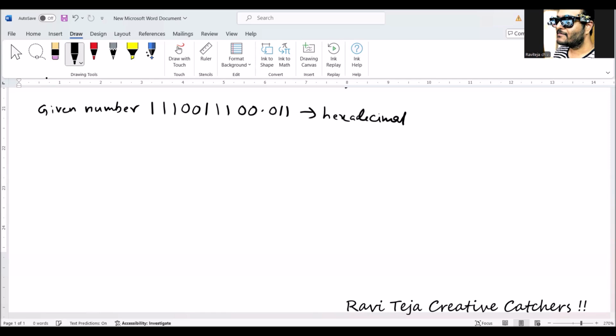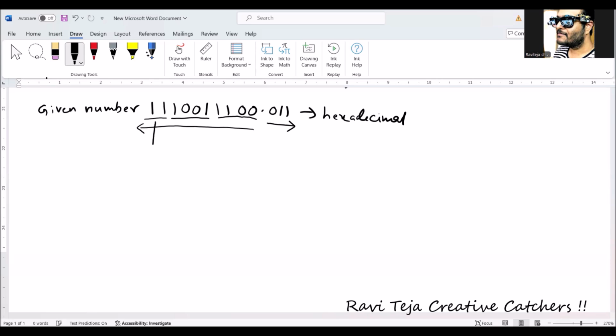We all know, right? A hexadecimal conversion means we need to consider 4 bits from right to left. This is one group, this is one group, this is another group. So right to left. And for the value after the decimal point, we need to consider from left to right.